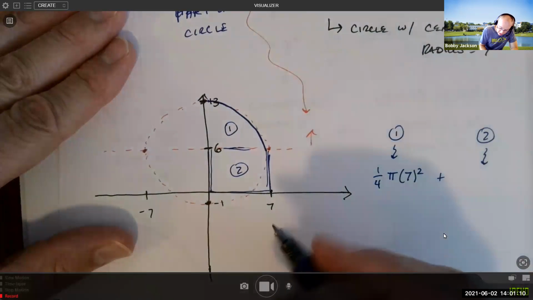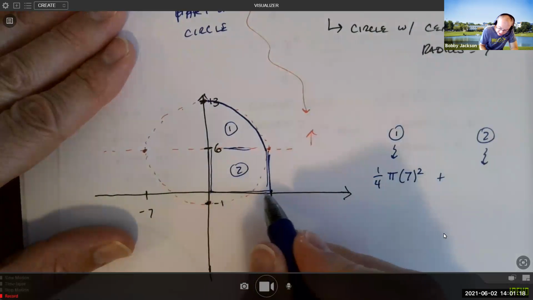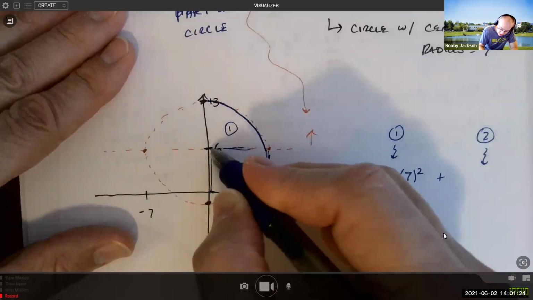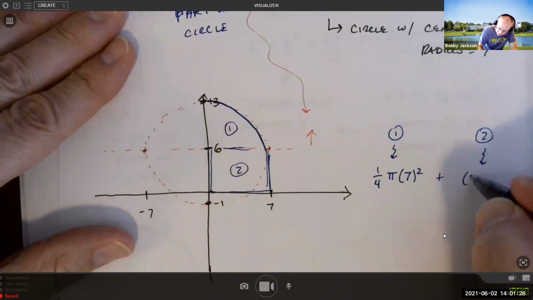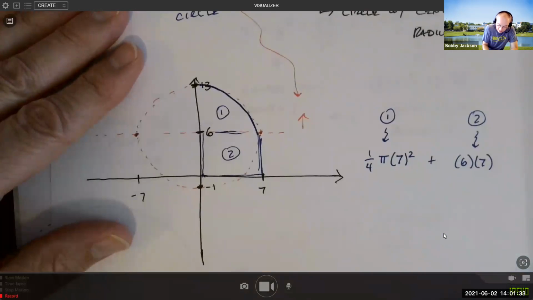Sorry, it's not a square, excuse me. It's a rectangle. I said square, but it's a rectangle, because the base is 7 units, going from 0 to 7, and it goes up to this line right here, at a height of 6. So this is a 6 by 7 rectangle, and the area is just length times width, 7 times 6.